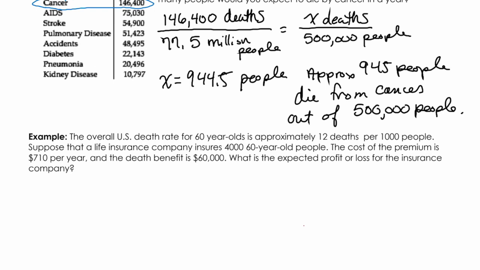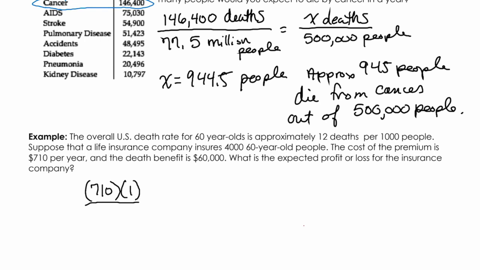So what is the expected profit or loss for the insurance company? So we're going to use expected value for this. It's 100% chance, and I'm writing it as a decimal, that they're going to make $710 per year if someone purchased that policy. So this is the event that someone purchases the policy.